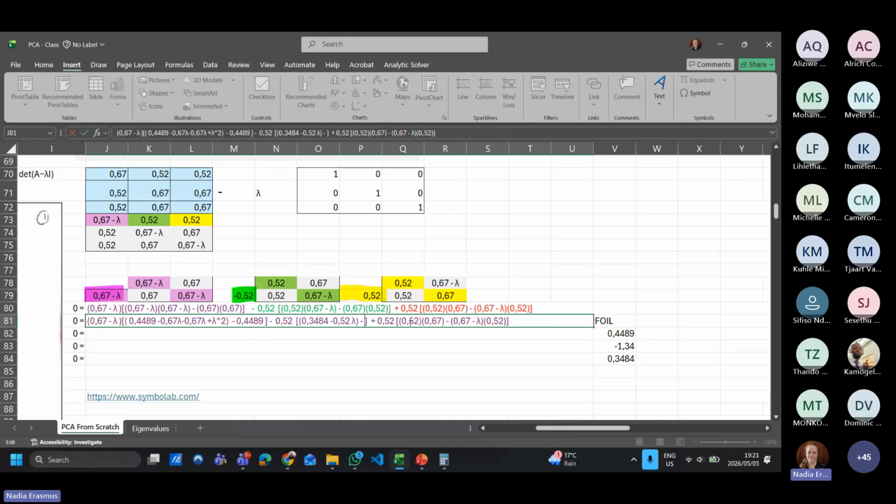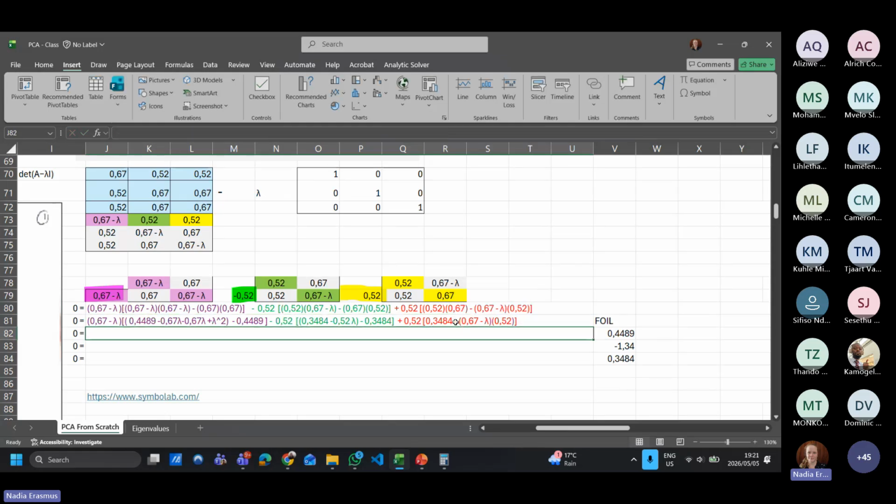So it is minus 0.3484. Then we have this last one, which luckily we already calculated as 0.3484. You have to be careful now, this is where the error comes in.